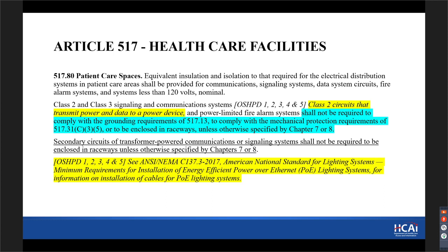So it says Class 2 and Class 3 signaling communication circuits that transmit power and data to a powered device and power-limited fire alarm systems shall not be required to comply with the grounding requirements.